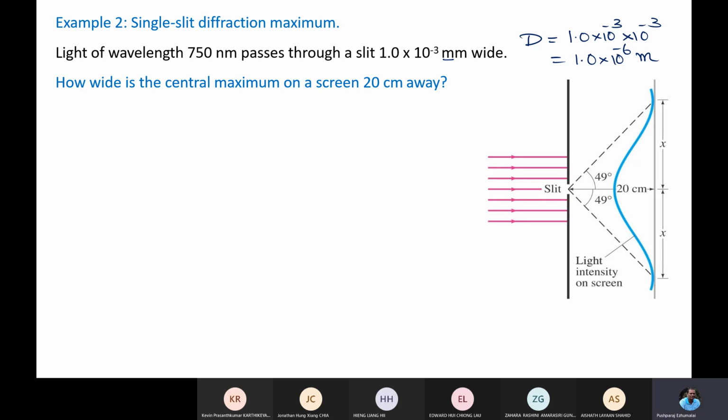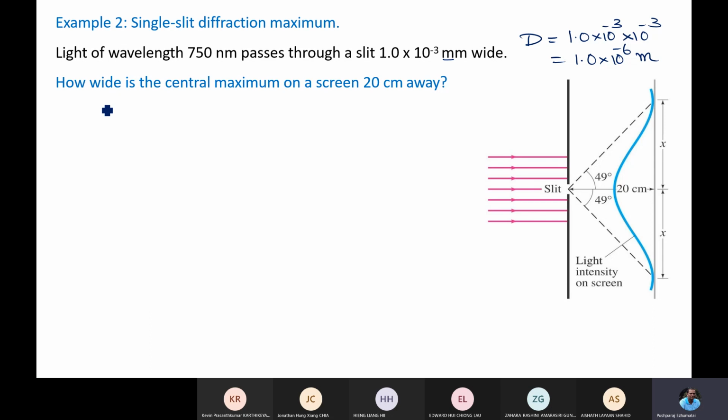Minus 3, not plus, minus. It is not plus. Milli is 10 power minus 3, not plus. If it is plus 3, you can write 1 kilometer, no problem.